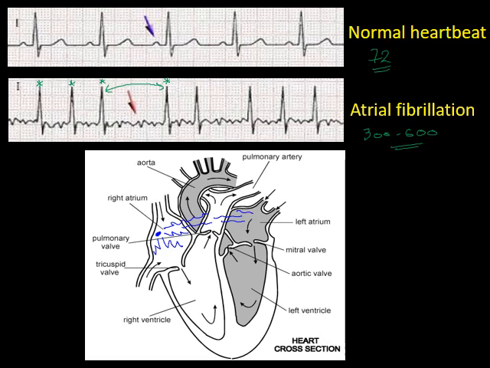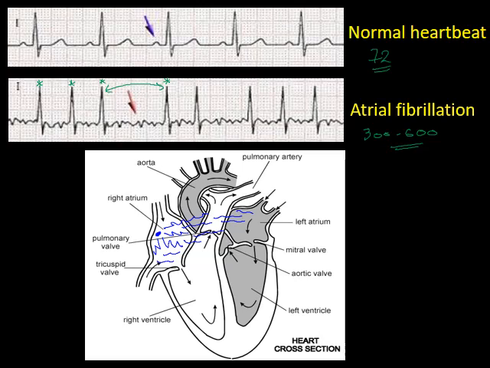So it's not a coordinated wave of depolarization. And this means that contraction of the atrial walls is not highly regulated and organized. So it's very inefficient, and not all of the blood gets squeezed out of the atria down into the ventricles.